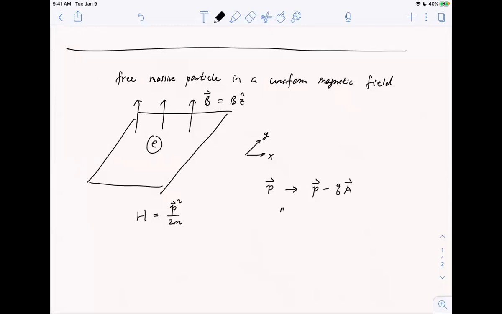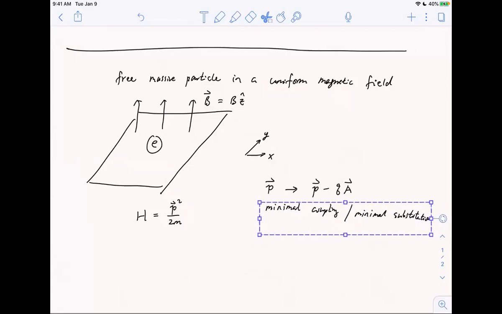You can call it minimal coupling or minimal substitution. So that's a kind of recipe when we deal with particles coupled to the EM wave.